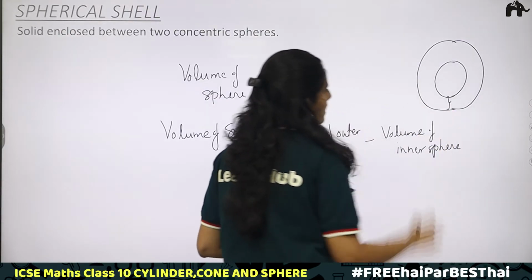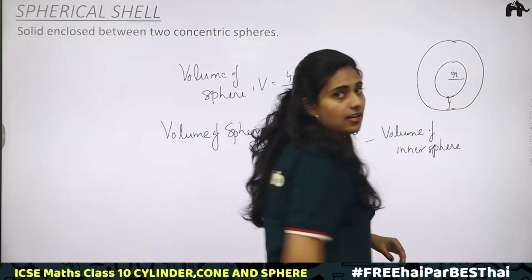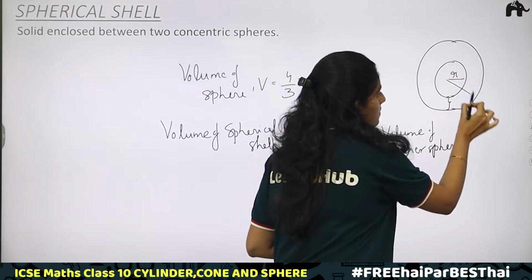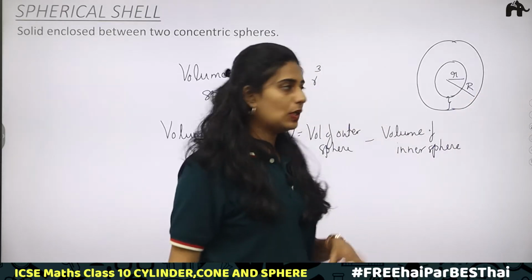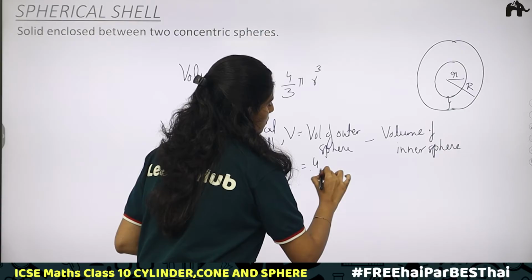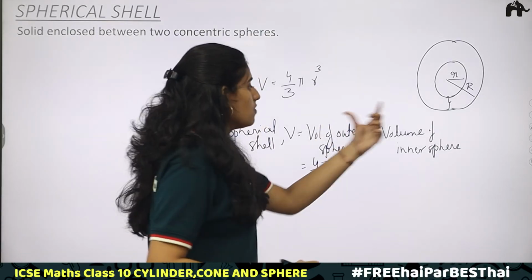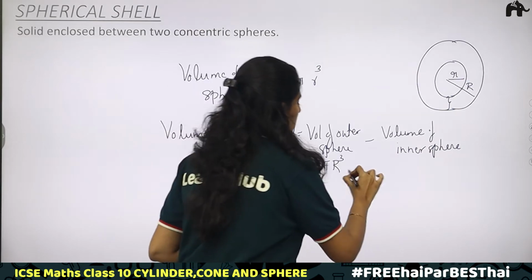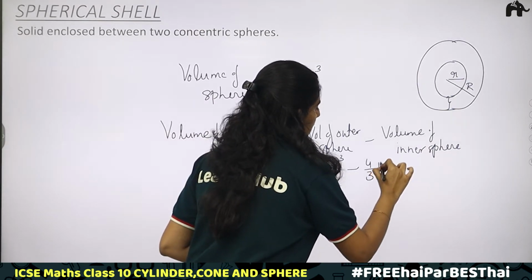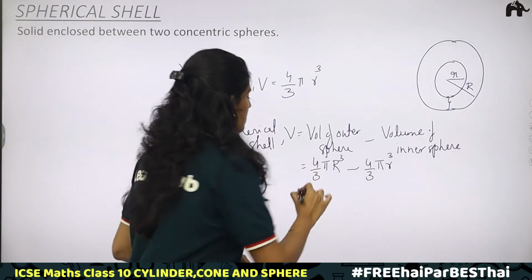Let us take the radius of the inner sphere as small r and the radius of the outer sphere as capital R. Then the volume of the outer sphere will be equal to 4 by 3 pi capital R cube, and the volume of the inner sphere will be equal to 4 by 3 pi small r cube. 4 by 3 pi is common.